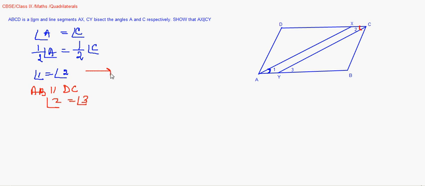Angle 1 is equal to angle 2, angle 2 is equal to angle 3. So from equations 1 and 2 we can say that angle 1 is also equal to angle 3.